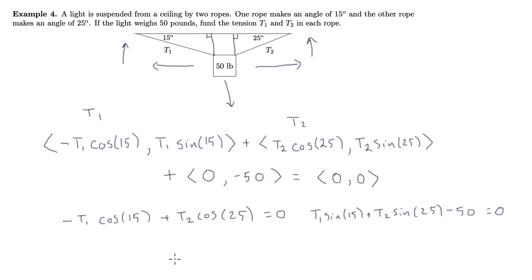And so what you get is that T1 is about 34.4728 pounds, and T2 is about 36.7405 pounds.